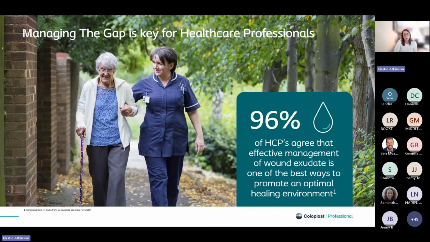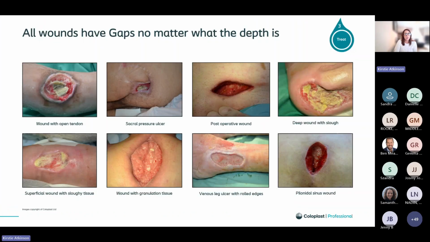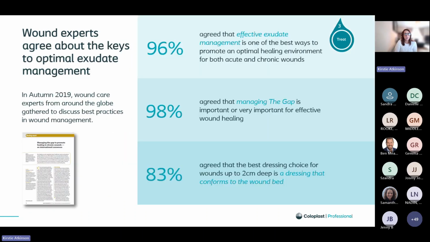96% of healthcare professionals agree that effective management of wound exudate is one of the best ways to promote an optimal healing environment. And like I said, all wounds have a gap, no matter what their depth is. Even because of the contours of our body and everything like that, every wound has a gap.